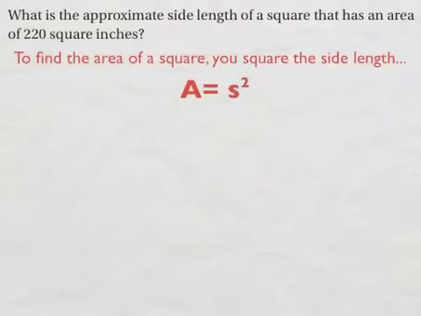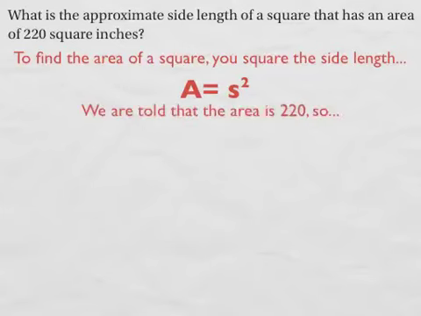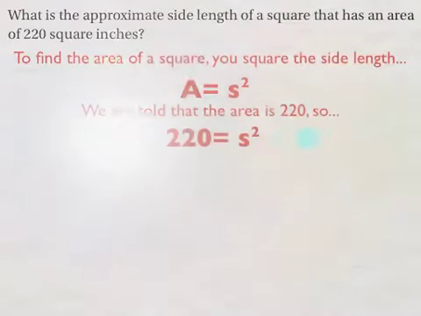So area, or A, equals S squared, where S is the side length of a square. Because we are told that the area is 220, we can plug 220 in for A, and now we have 220 equals S squared.